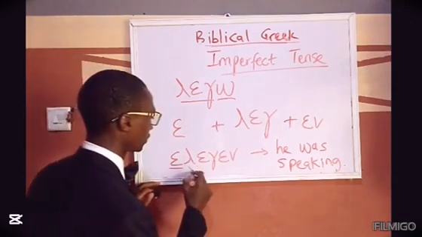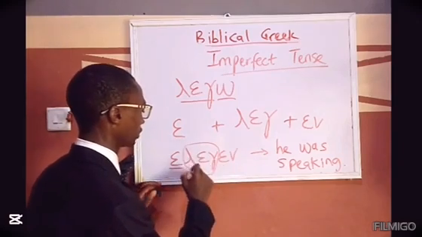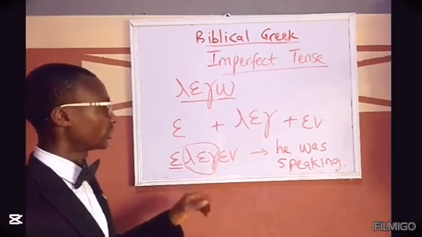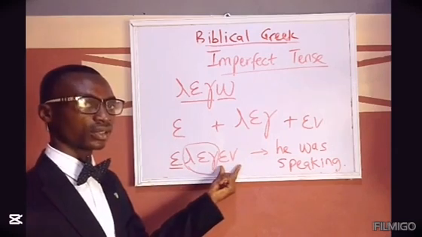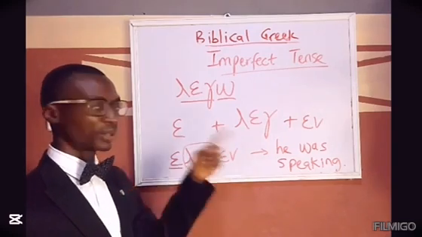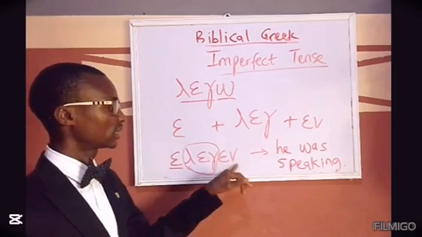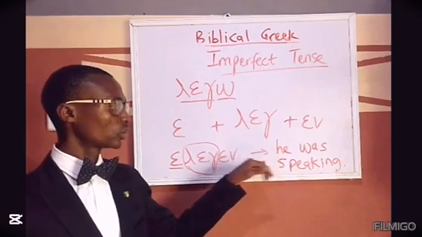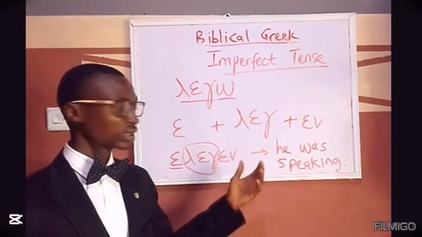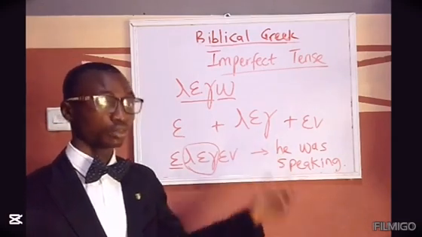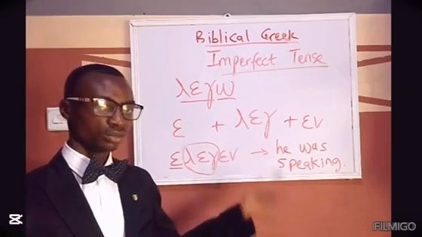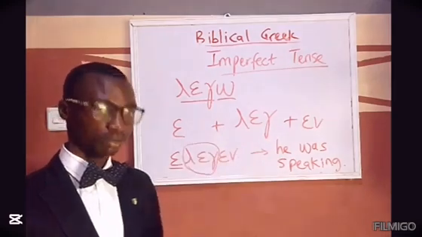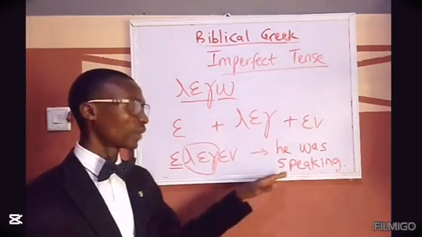Then this is the stem of the word, that's speak or say. Then the ending talks about the person. So this is third person singular, and that's why we have he. So it could be he was speaking or she was speaking or it was speaking. But that's not really possible, so he or she was speaking is better. So that's the combination.